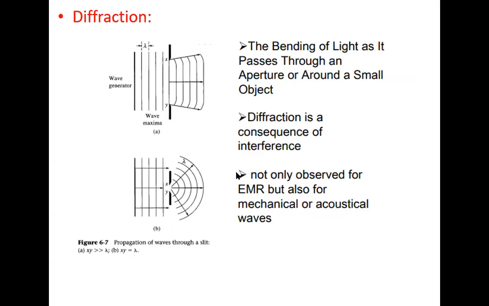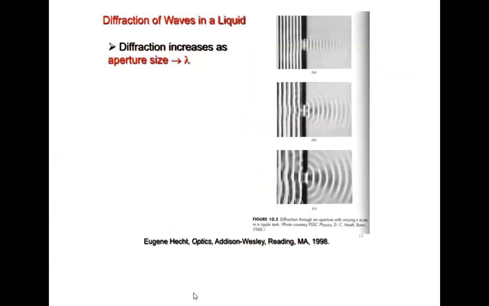All right. So here is another piece of information, diffraction of waves in a liquid. For example, diffraction increases as the aperture size. So that leads you to have these patterns, and those patterns give you wavelength, lambda, right?